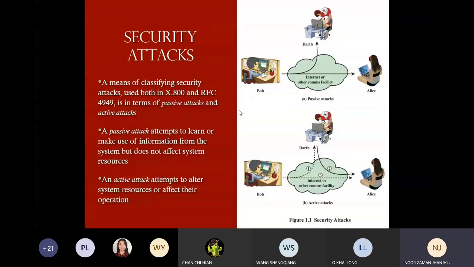In figure A, which is the passive attack, Bob is trying to send data to Alice, and in between there is a cloud, which is the internet. Data is supposed to go in a straight arrow direction, but you notice that some other gentleman is sitting there, and his or her name is Dart. So one arrow is also going there, and one arrow is moving towards Alice. This type of attack is known as the passive attack.